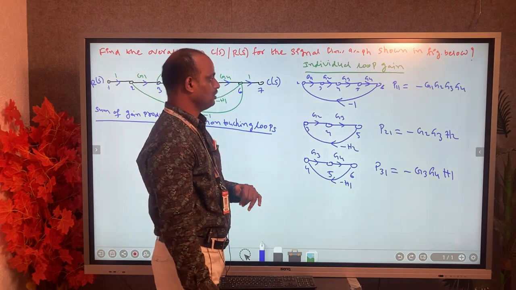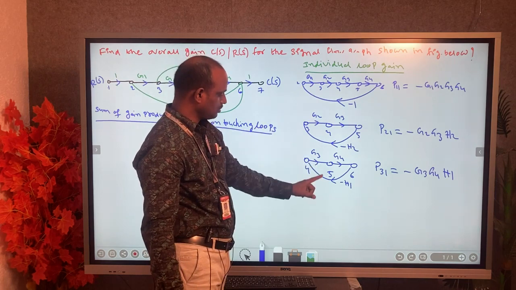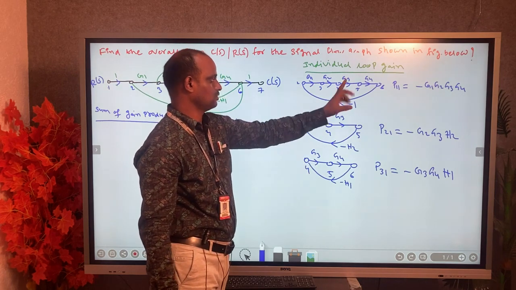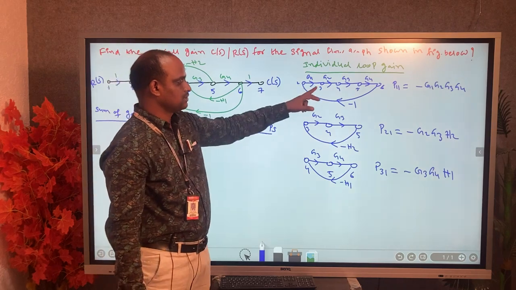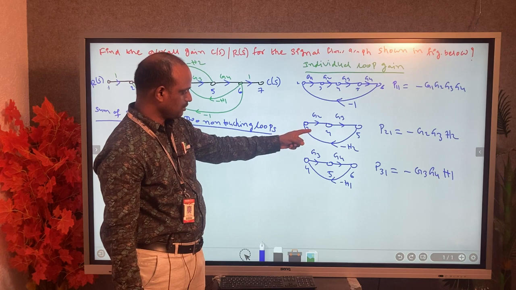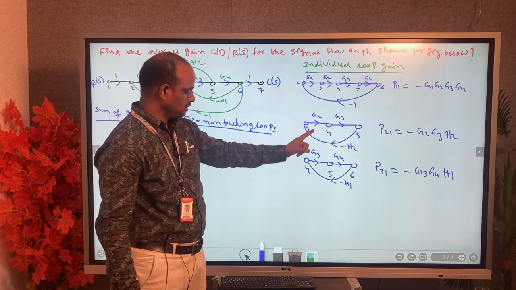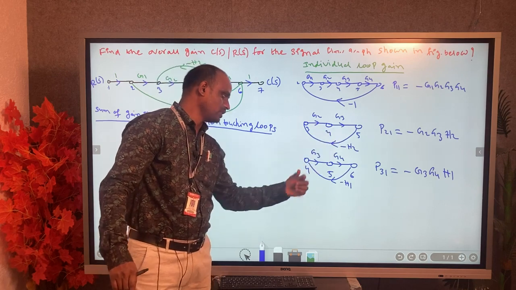So here we require non-touching loops. Now you observe, compare the first one with the third one. Again here we have 4, 5, 6. So the first one is touching the remaining loops. And now compare the second one, and here also touching, meaning a common node, 4, 5, is present.